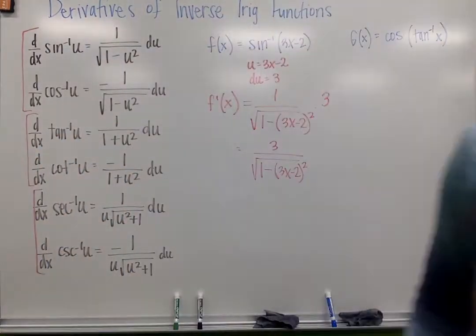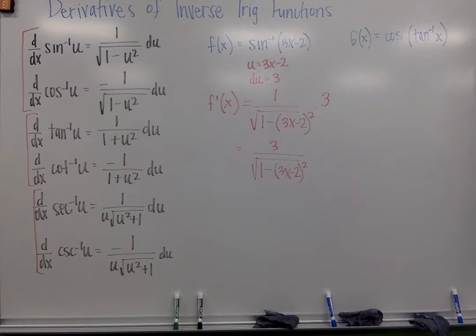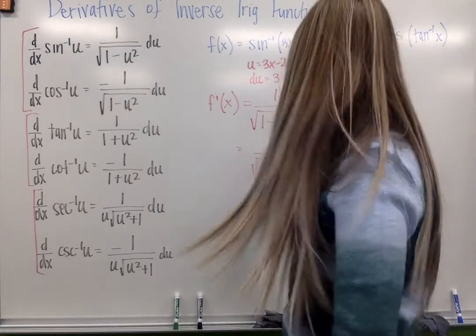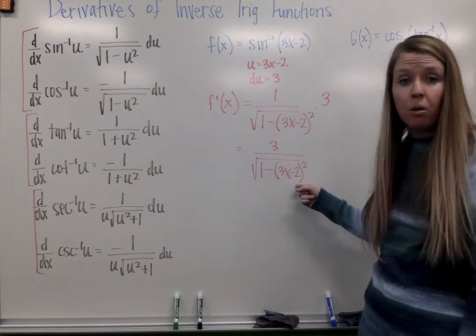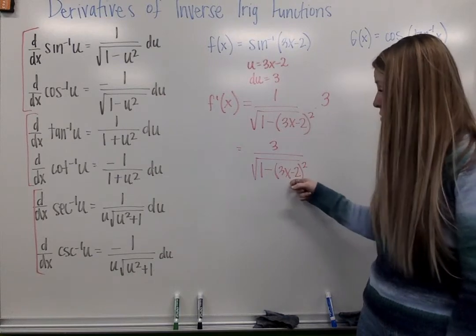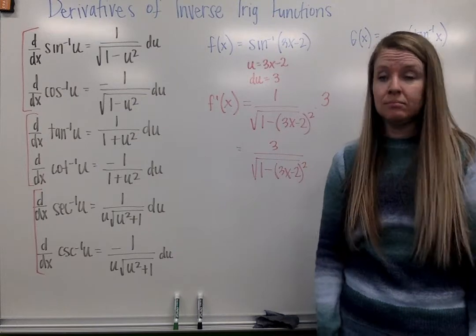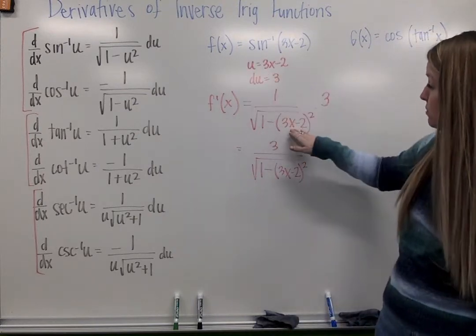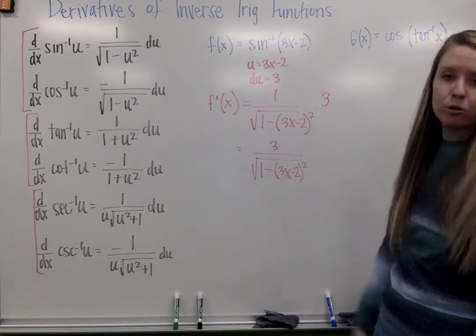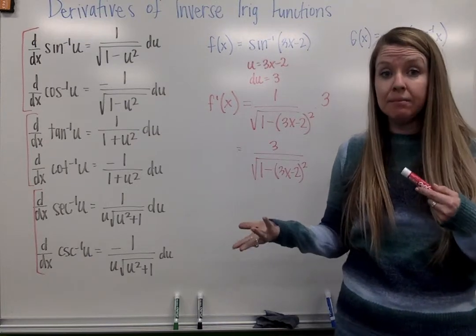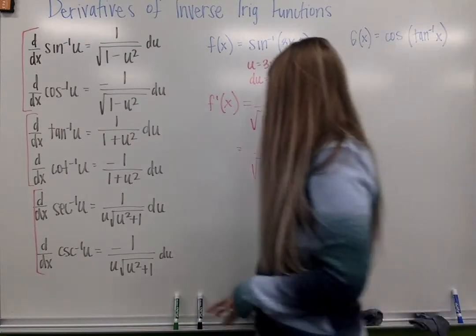I didn't check the answer key here because I pulled this from the book, and that's how they left it. They didn't multiply that together or distribute and simplify. That's my derivative done. So again, I plugged in u for my u squared, and then I multiplied by my du. That's it.